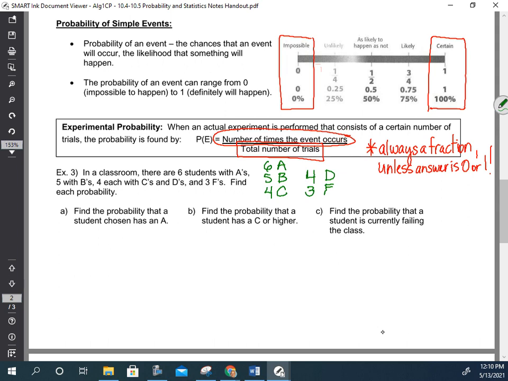Find the probability that a student chosen has an A. So we have the number of A's divided by the total number of students. So, there's 6 A's. How many students?